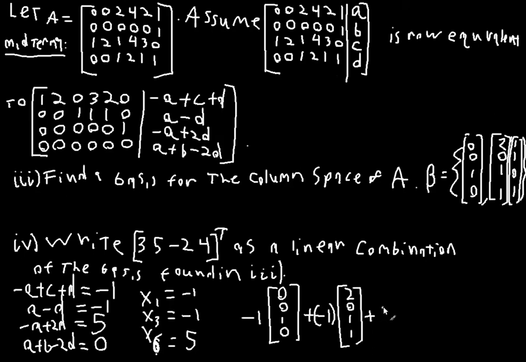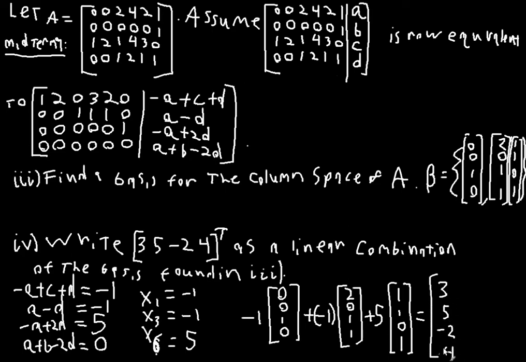And then this 5 is going to give us the coefficient in front of our third basis vector. And hopefully, this is going to be 3, 5, minus 2, and 4.